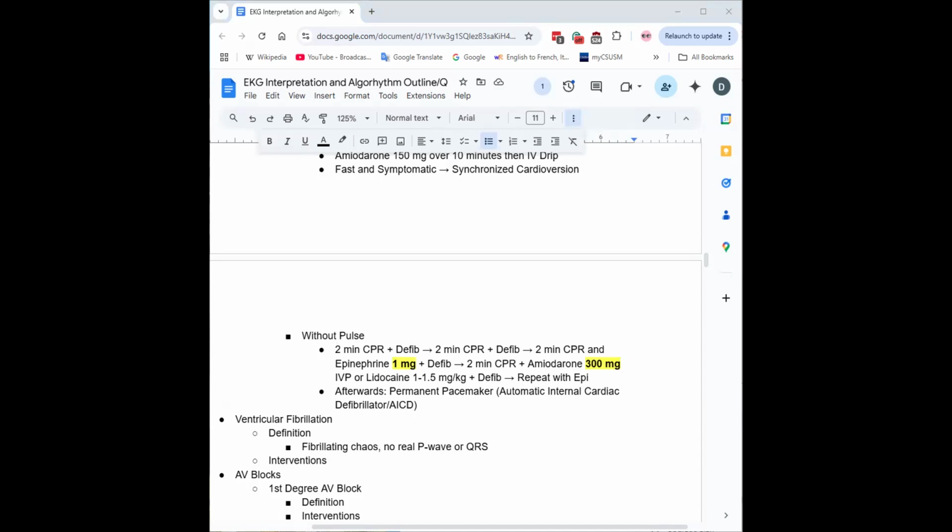So follow that. The targeted temperature management, as well as your other interventions like the EEG, the CT head, fluids, oxygen, exactly. And then here also listed is potentially give them a permanent pacemaker or an AICD, because they're at risk of having another arrhythmia leading to cardiac arrest.